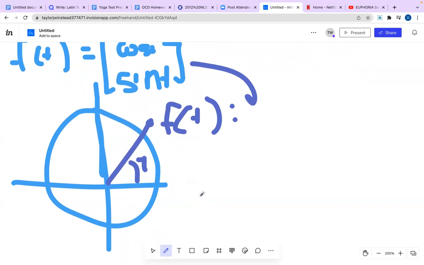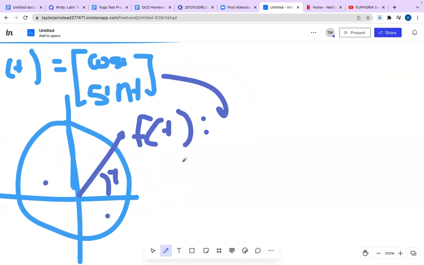Well, the possible outputs are going to be anything along this line, right? Because t will change. So t could be here, t could be here, t could be here, and it will correspond with something along this line. And for any t, you can come up with any point along this line by plugging in a t. So our image is going to be the unit circle.